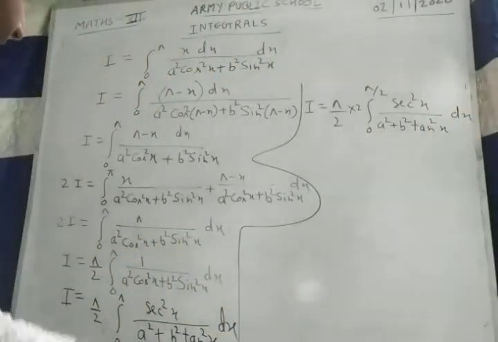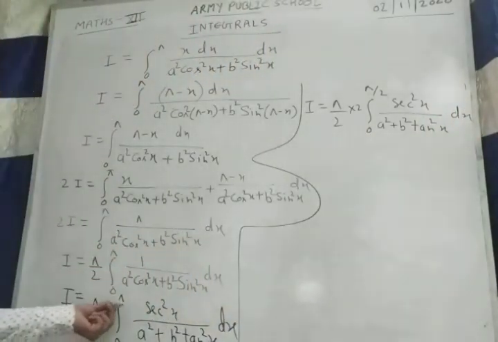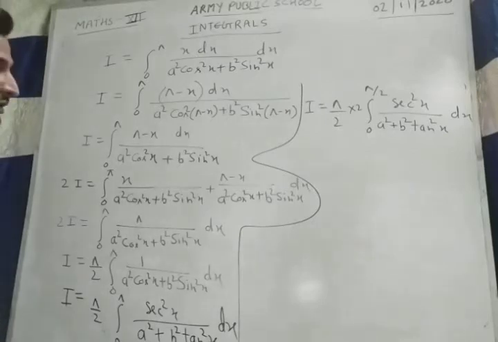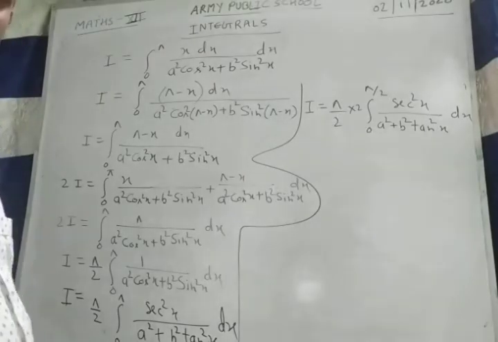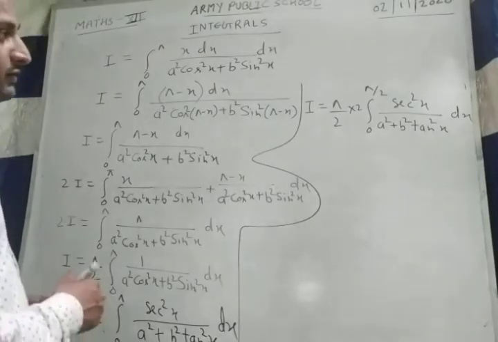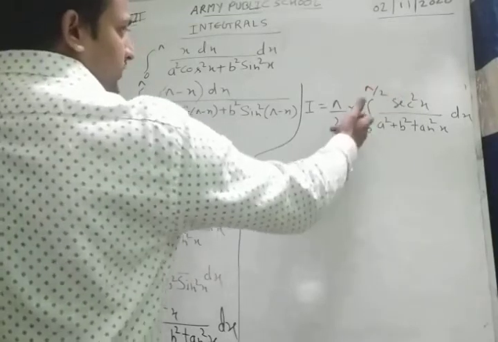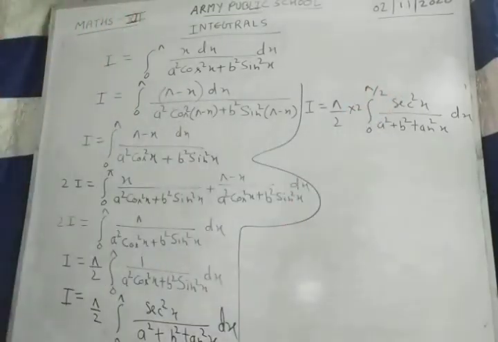We have taken 2 from the limit: integral from 0 to 2a of f(x) dx is equal to 2 times integral from 0 to a of f(x) dx. So right here we have taken it, so here will be pi by 2 into 2.